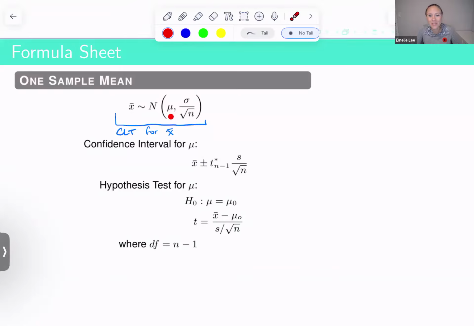Here it's centered on mu, which is your population mean, with a standard error of sigma, your population standard deviation, over root n. I don't have mu and I don't have sigma, right? So what's my best guess? We use X bar as my best guess for mu, and my sample standard deviation S as my best guess for sigma.